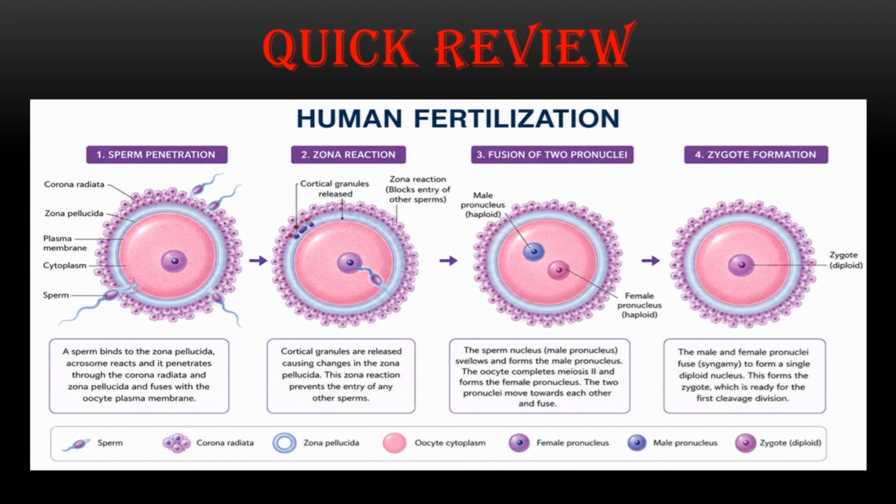Then we have the fusion of two pronuclei. The male and female haploid pronuclei are formed, they fuse, and they form the zygote, which is diploid in number, meaning 46 chromosomes.